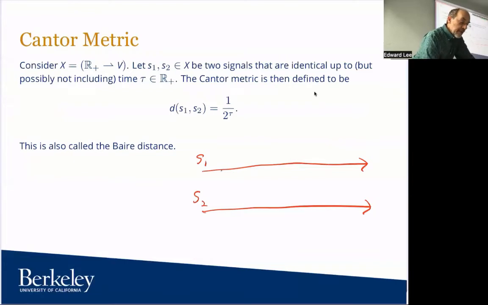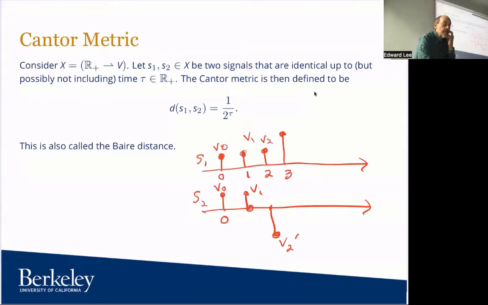And suppose S1 has a value at time 0, has a value at time 1, has a value at time 2, and then maybe has a different value at time 3. And suppose that S2 has the same value, so let's call this V0, has the same value at 0, same value at 1, but a different value at 2. This is V2, this is V2 prime.